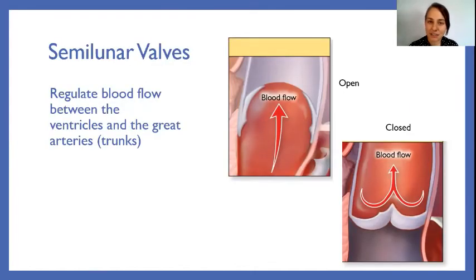So our semilunar valves are a little bit different in their mechanisms. They kind of act like one-way doors. Whenever the ventricle pumps, it's going to produce a lot of pressure and push the blood up through the valve, and in this direction it opens very easily, just stays open.